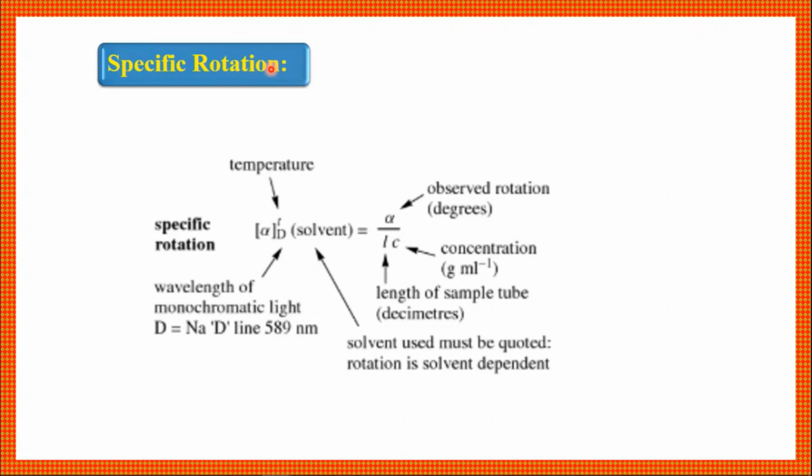The degree of rotation depends on the nature of the compound, the temperature, the solvent, the concentration of solution, the light, and the length of the polarimeter tube. So these are the factors on which the degree of rotation, alpha, depends.